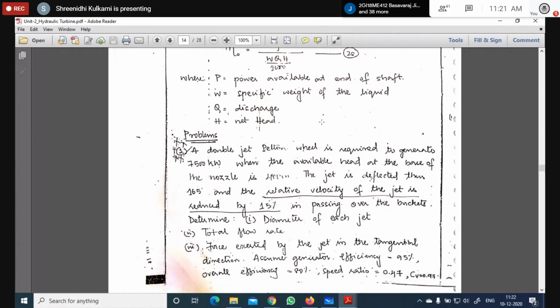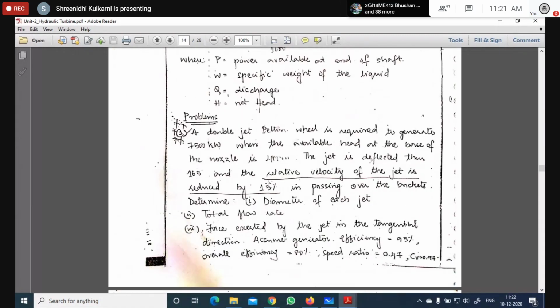So, finished the statement? Completed? So I'll go through this statement. Here they have given a double jet Pelton wheel. My question is, in a Pelton wheel, how many jets are there?